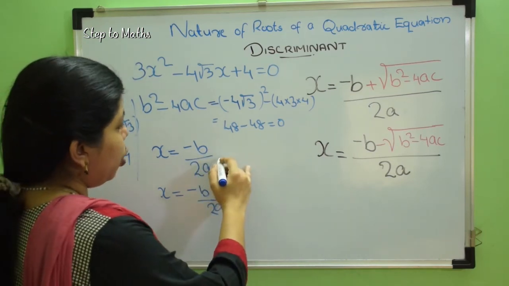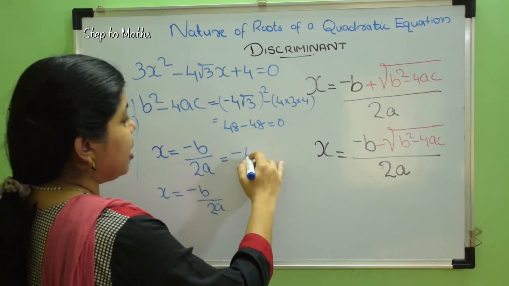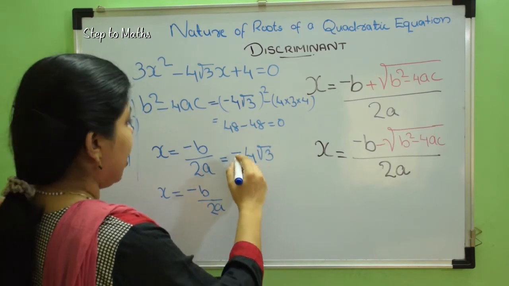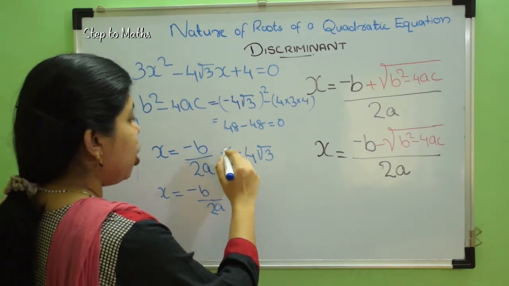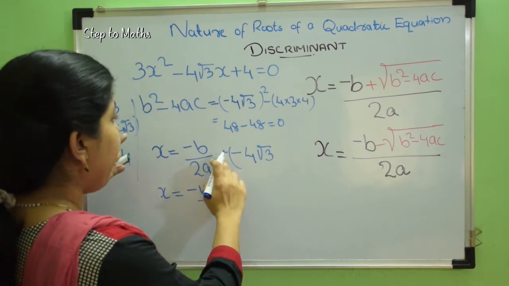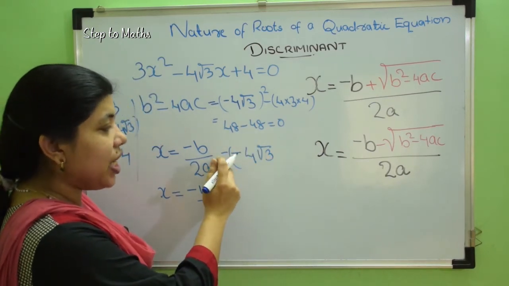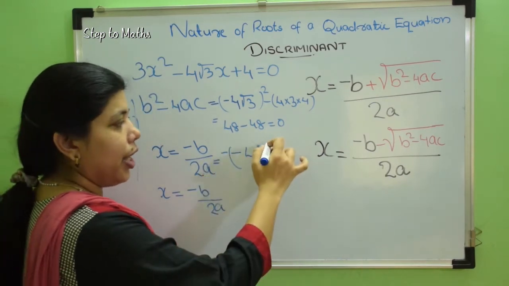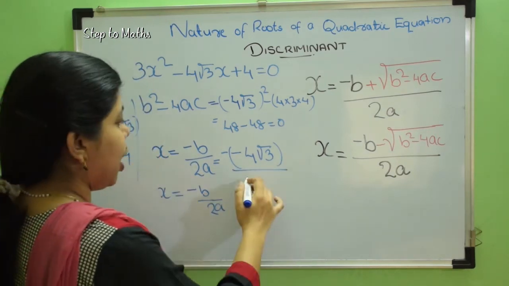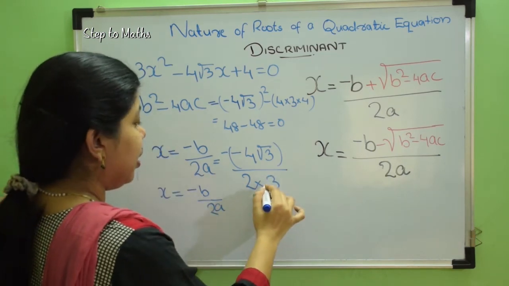So find its value. The value of b is -4√3. Minus b means put a minus here. Minus of minus 4√3 by 2a, 2 into the value of a, which is 3.